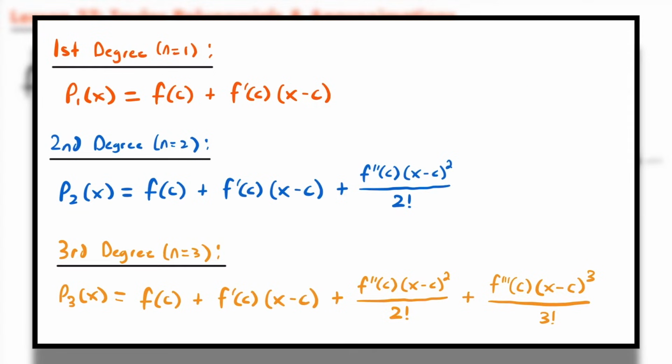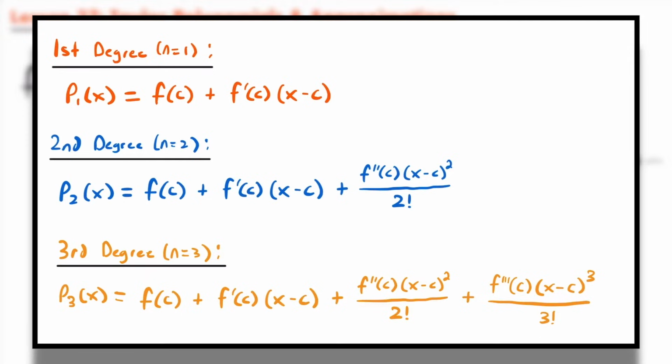There are no more terms after that last term for a Taylor polynomial. It's not a Taylor series. It stops with the term for the specific value of n that is described by the degree of the Taylor polynomial. All right, so the second degree Taylor polynomial ends with f double prime, or the second derivative, evaluated at c, times the quantity x minus c squared divided by 2 factorial.